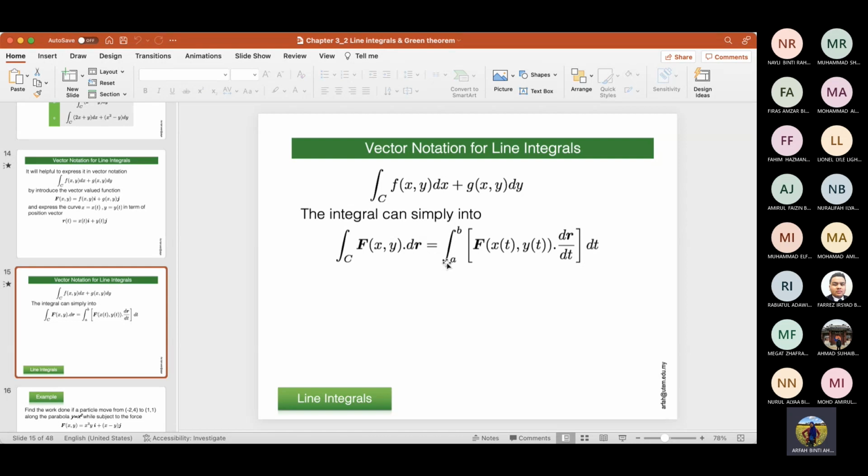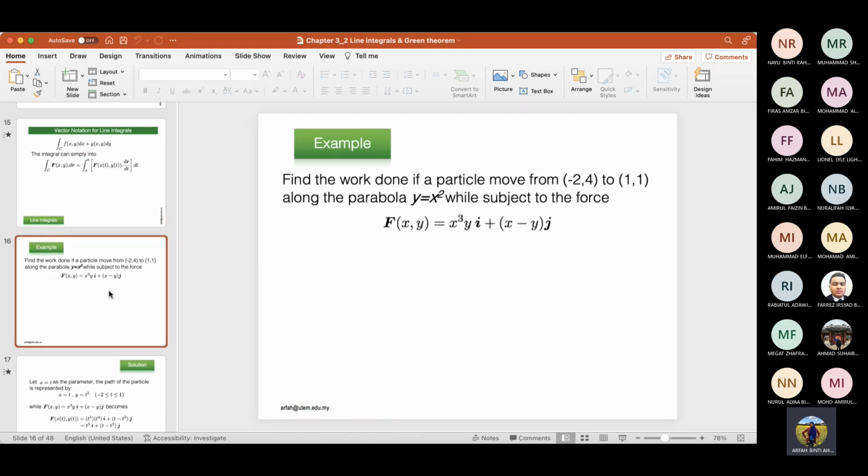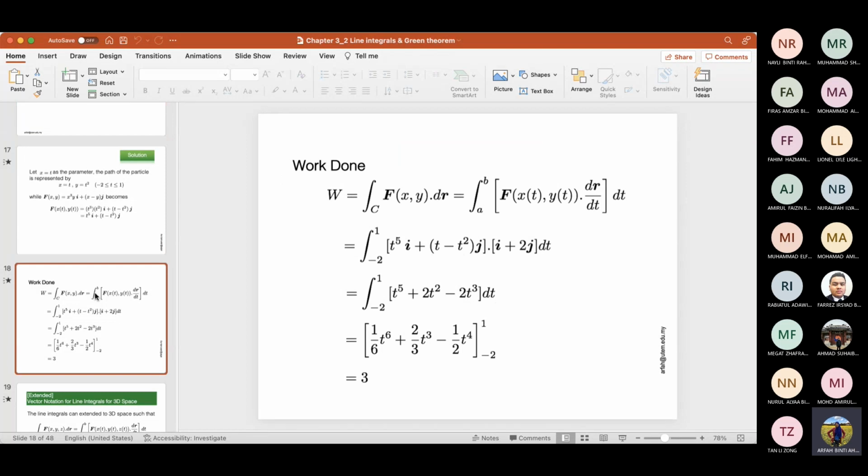It will be equal to taking the integration from a to b, the vector function f, substitute the equation of x(t), y(t), dr over dt multiplied with dt. Okay, so this is the vector notation for the line integral. Okay, so we have gone through this exercise in how you are going to find the work done for the given vector function.